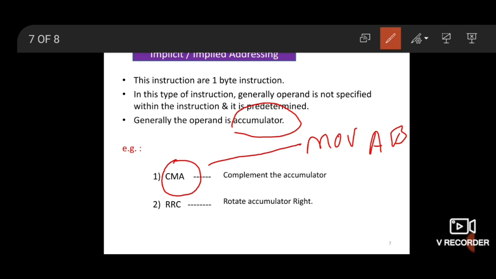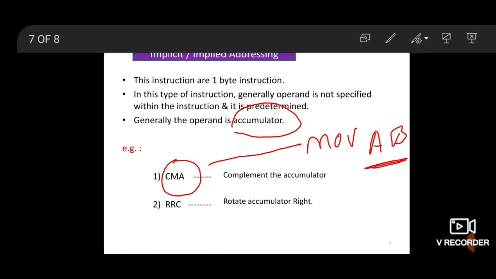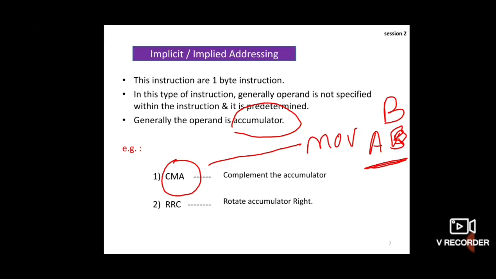See, here the A and B registers are specified, while here no register is specified. So which addressing mode does MOV A, B belong to? Register addressing mode. Why? Because here A and B are specified. And here there is no register, no data, no address. So this is the difference between register addressing and implicit addressing.